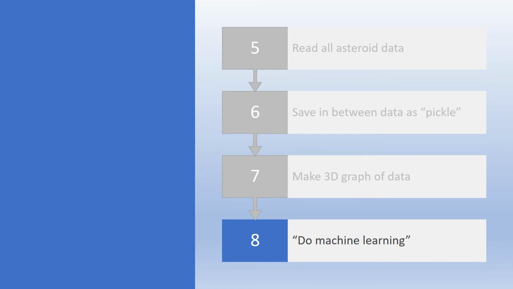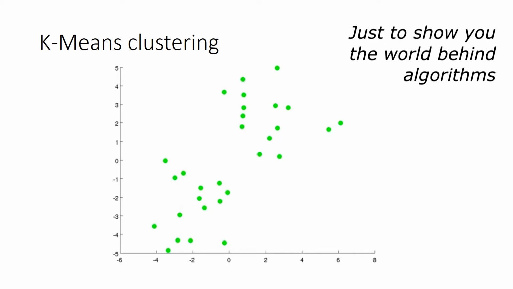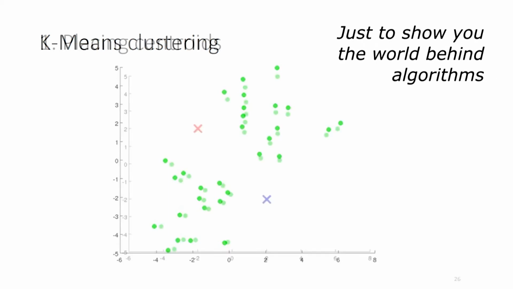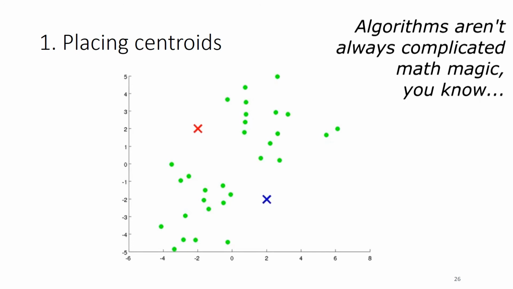So here we have a plot with, well, seemingly two clusters of points in this graph. And we're going to use something called k-means clustering, an algorithm, to see if there are two clusters.